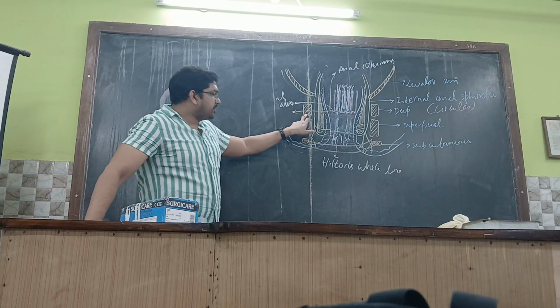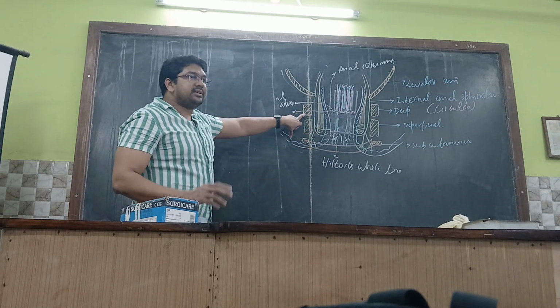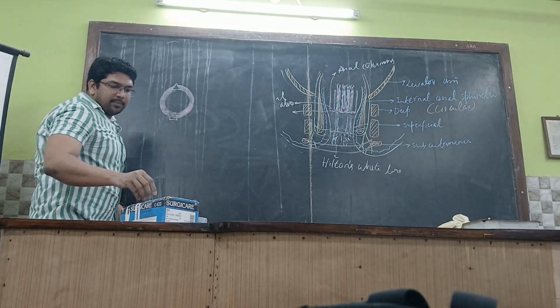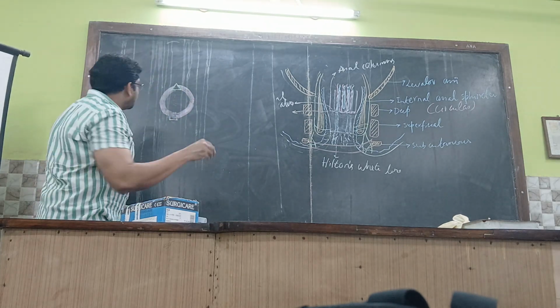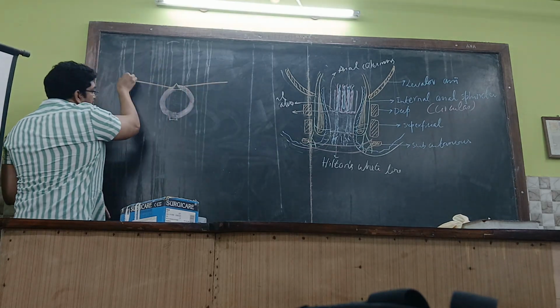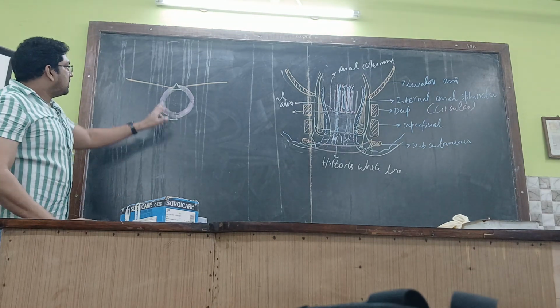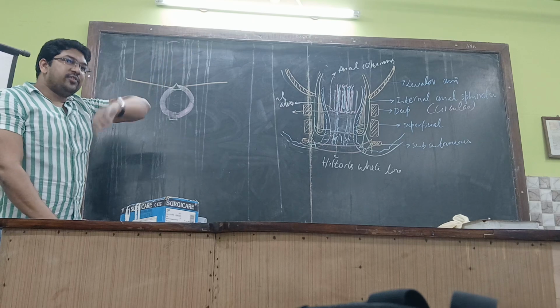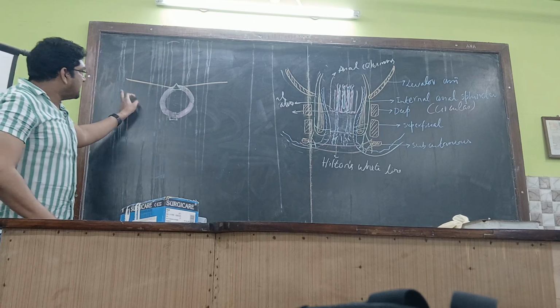And one more, there will be the deep part of the sphincter ani externus, which will also be in the same manner, but that will be attached on either sides to the superficial transverse perineal muscle, as you can expect.